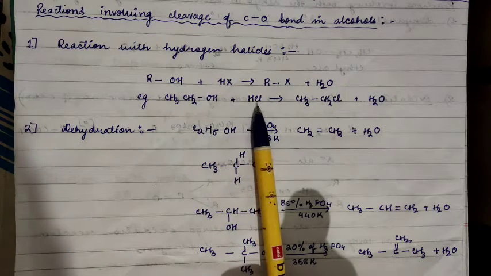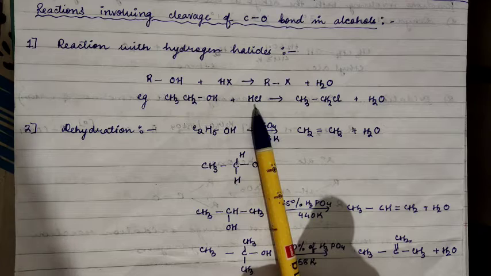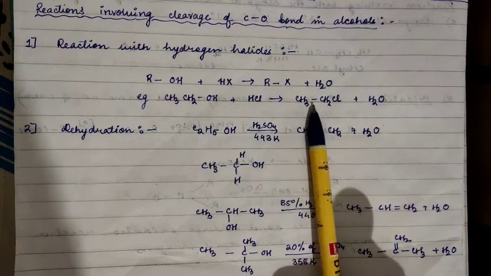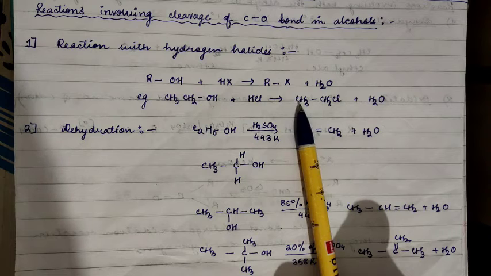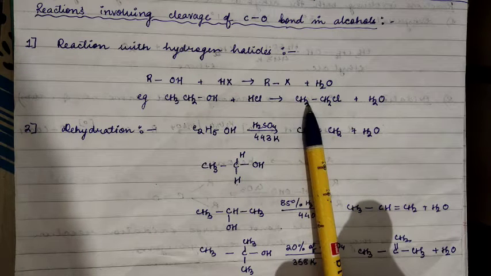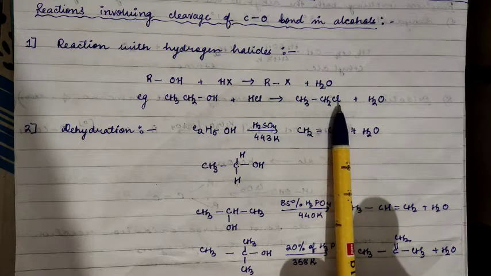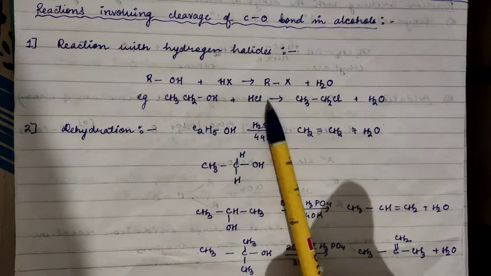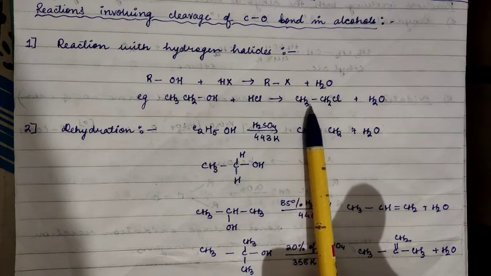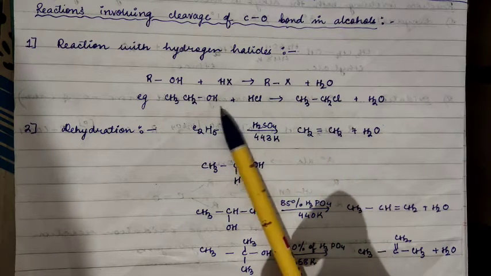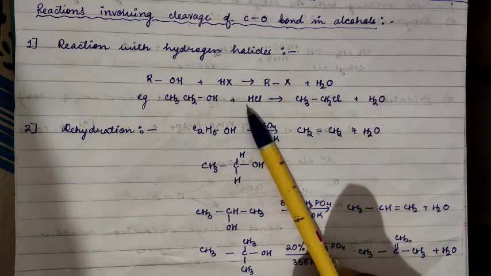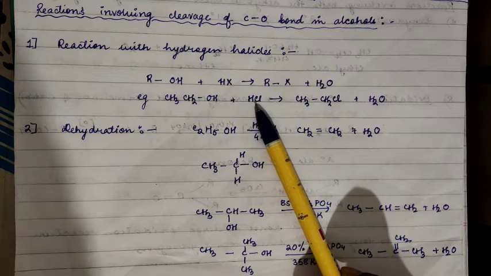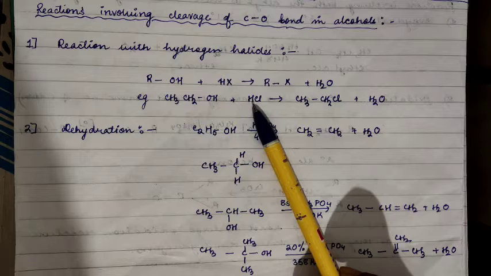So this alcohol is reacting with hydrogen chloride and you will get what? Alkyl halide. This is the alkyl part and this is the halogen, so you will get alkyl halide, CH3CH2Cl. This OH is replaced by this Cl, and this OH will bind together with hydrogen, and the proton, H positive, will be released.